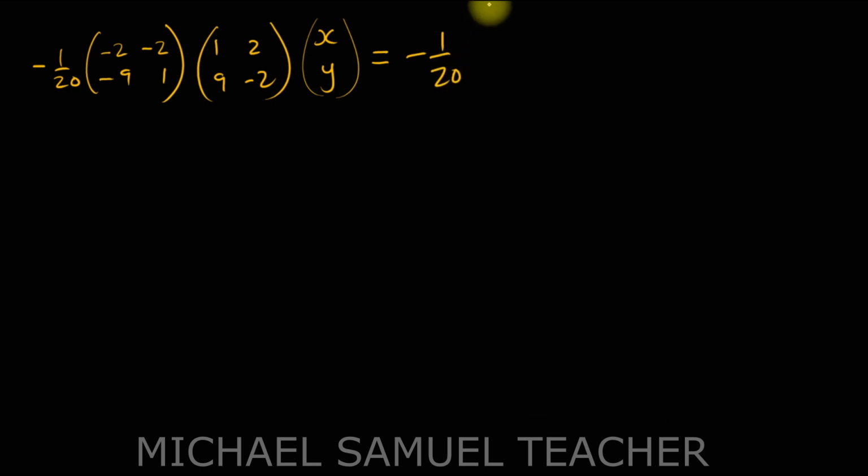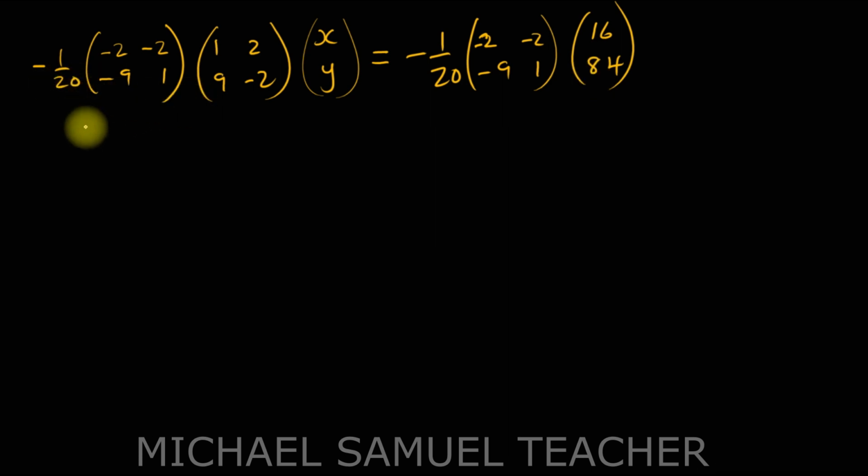Also on the right-hand side I pre-multiply by the inverse, minus 1 over 20 times minus 2, minus 2, minus 9, 1, then multiply by the constant matrix, which is 16, 84. Therefore the next step, I just keep the minus 1 over 20 out. I'll multiply it towards the end.